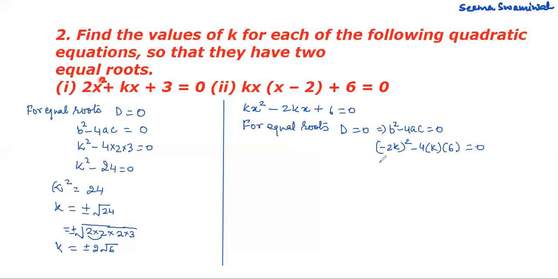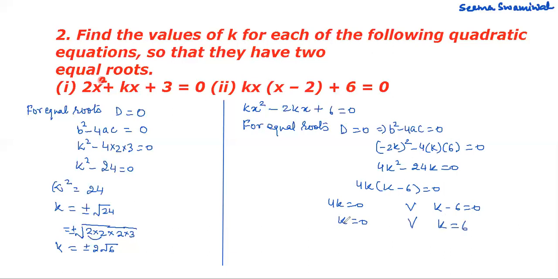So this is 4K square minus 24K is equal to 0. So you will take 4K common and it will become K minus 6 is equal to 0. So either 4K is equal to 0 or K minus 6 is equal to 0. So either K is equal to 0 or K is equal to 6.